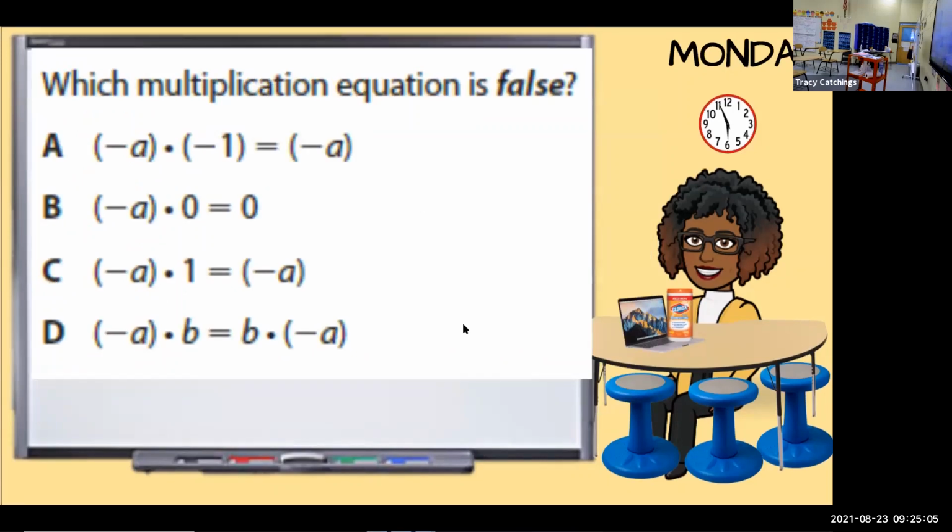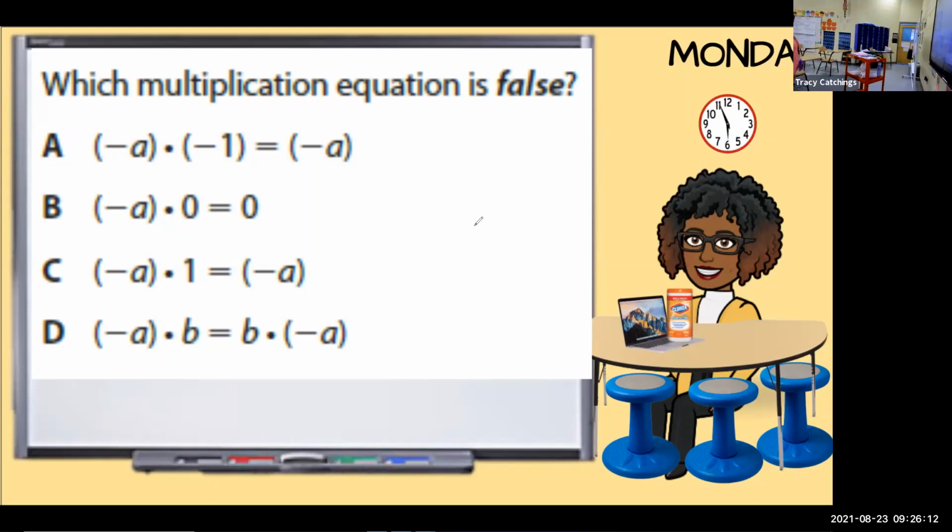All right, I'm gonna give you about 30 seconds to a minute. All right, it reads, which multiplication equation is false?